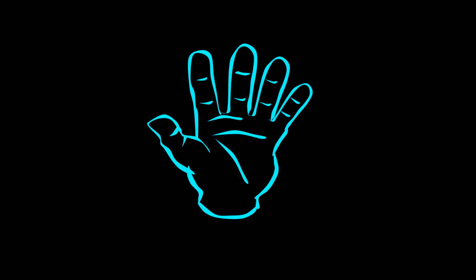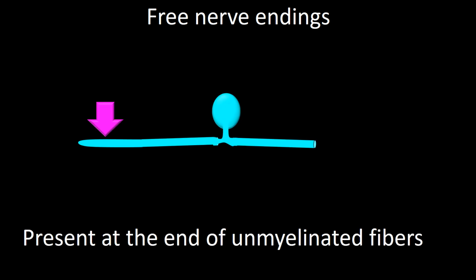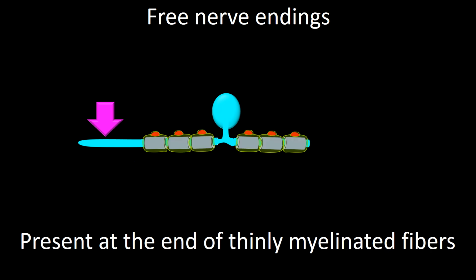The fifth receptor I would like to mention is free nerve endings. Free nerve endings are found in all layers of the skin, as denoted here, but are more numerous in the epidermis. Free nerve endings consist of modified terminals of unmyelinated axons, that is, of C fibers, and modified endings of thinly myelinated axons.